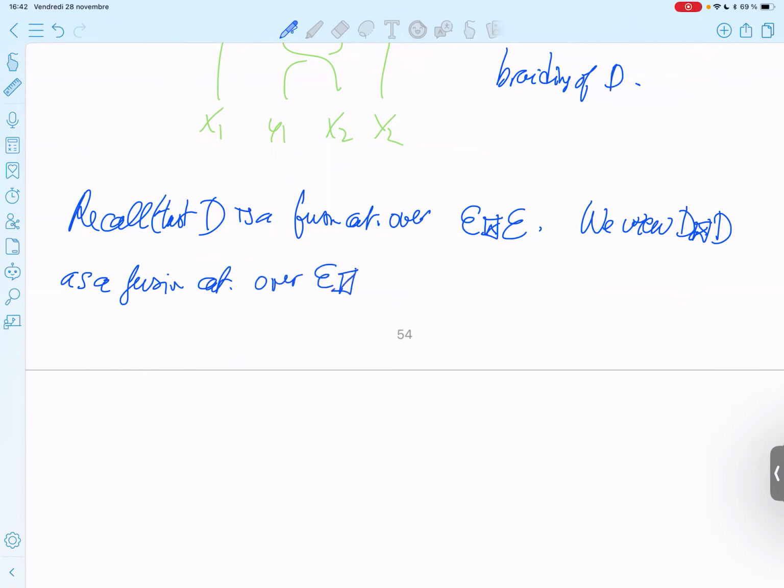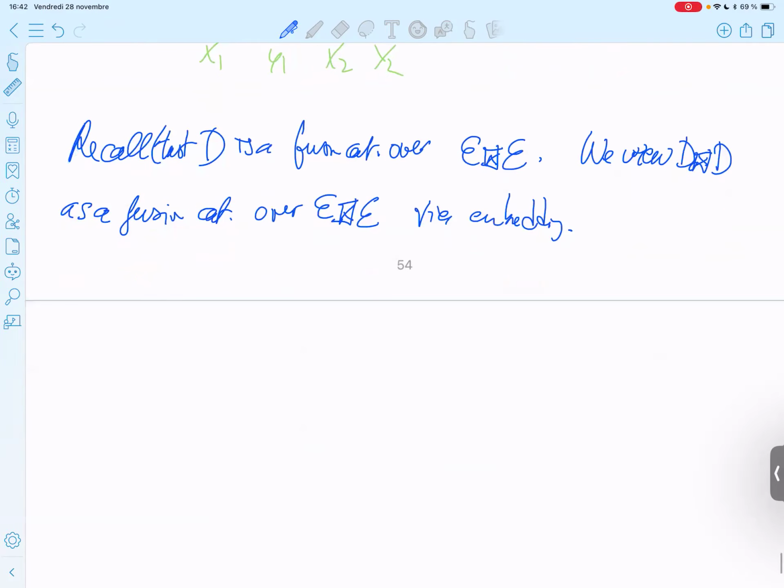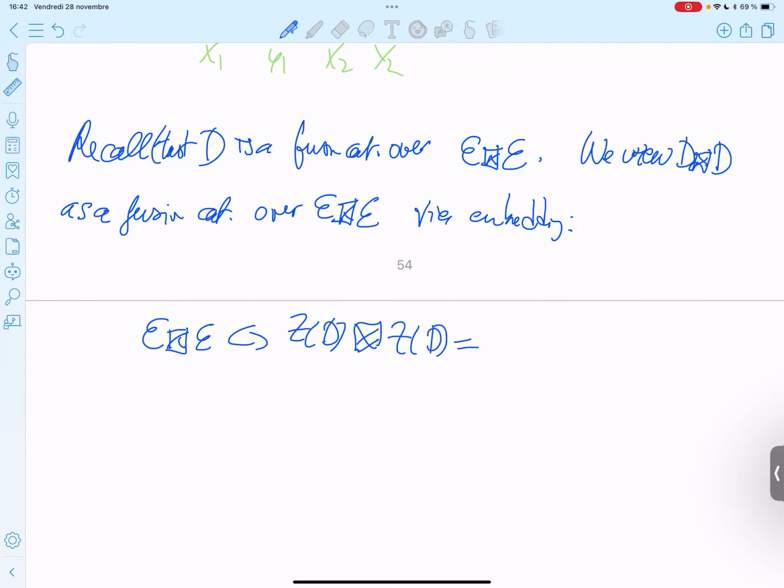So both can be seen as a fusion category over that via the following embedding, the usual embedding. So you have E Deligne tensor E embedding into the Drinfeld center of D, which is the Drinfeld center of D Deligne tensor D.